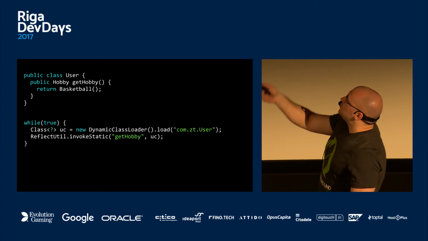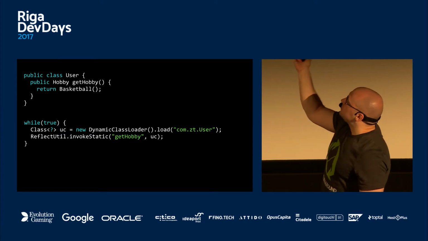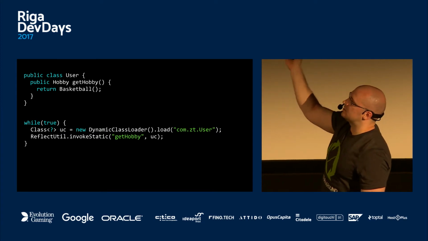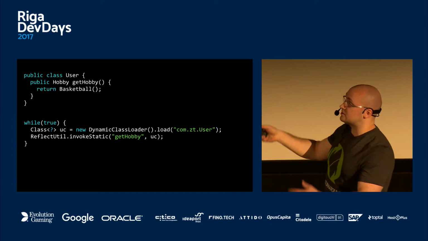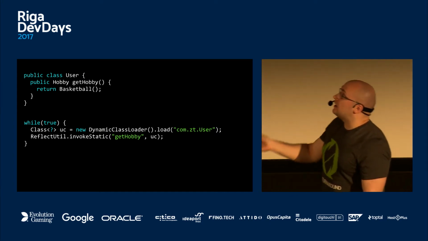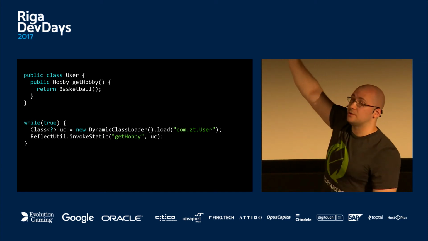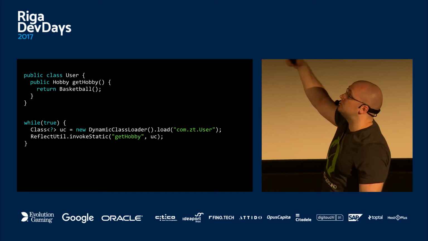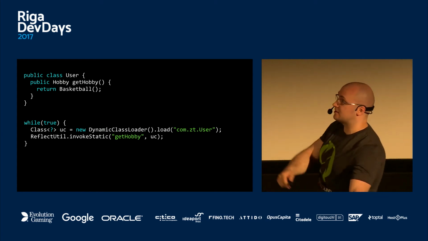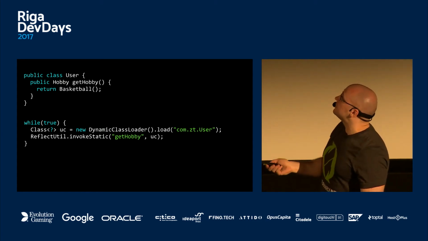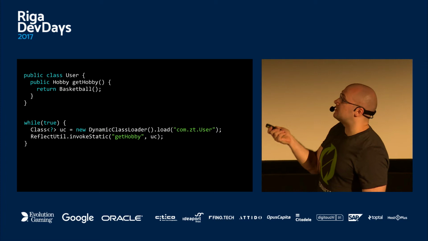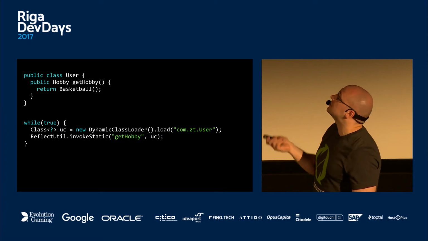In between, we can just load the user class dynamically into the class loader, because it's a new instance of that, and use it. So every time we are actually reloading this class, right? We have a new instance of that class inside the application. That's something already. We are reloading the class, right?